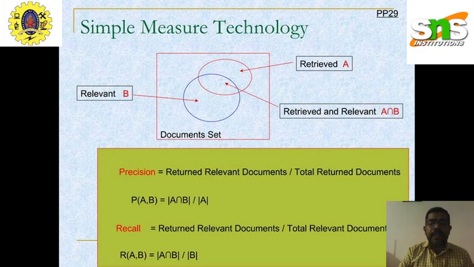So P of A comma B equals A intersection B divided by mod of A. When we apply recall, it is the returned relevant documents divided by total relevant documents. So the formula is R of A comma B equals A intersection B divided by mod of B. This way we apply the similarity measurement between retrieved and relevant.